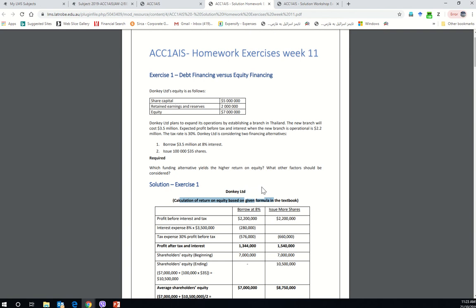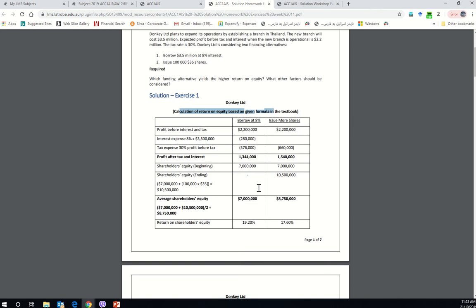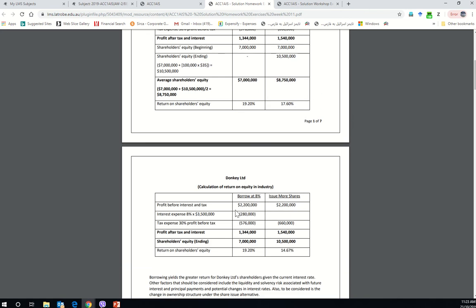So we divided the profit after tax and interest by average equity, which I did here, and then we calculated the return on equity based on the formula which sometimes is used in the industry, and it is calculation of profit after tax and interest based on ending equity.